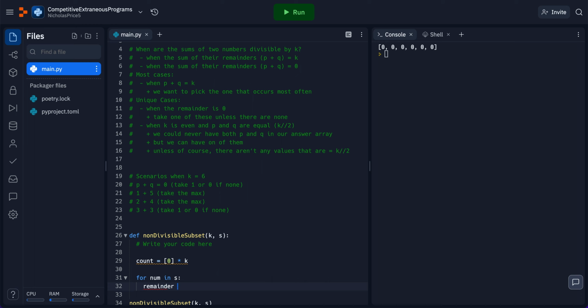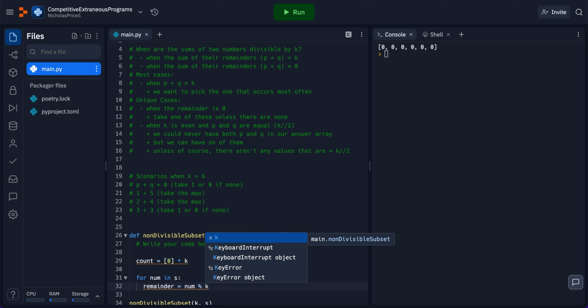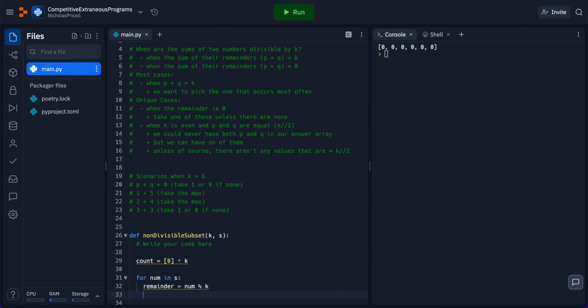We can define a variable of remainder equal to num modulo k. So for each num in our array, we will take that number and modulo k it, basically find our remainder. And then we can go to count at the position of the remainder that we just found, and add 1 to it. Plus equals 1.